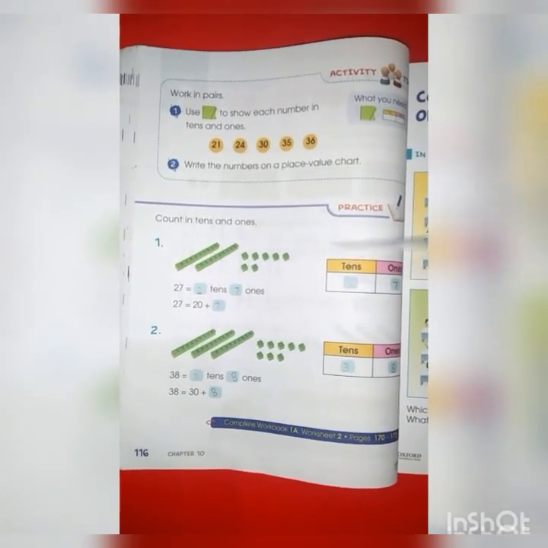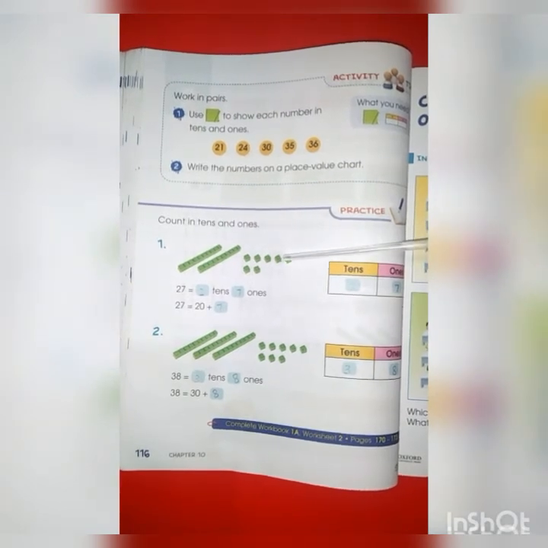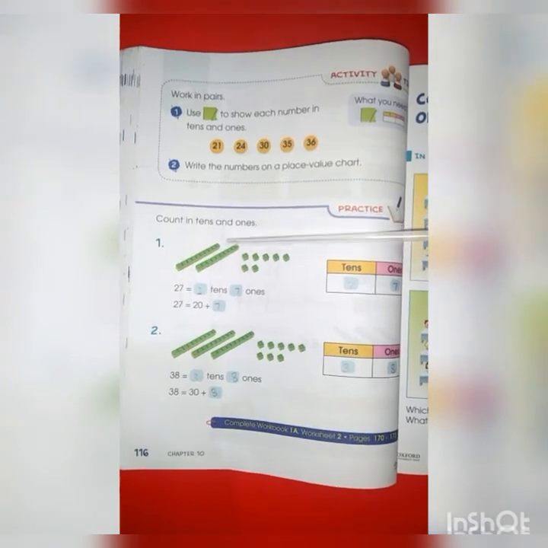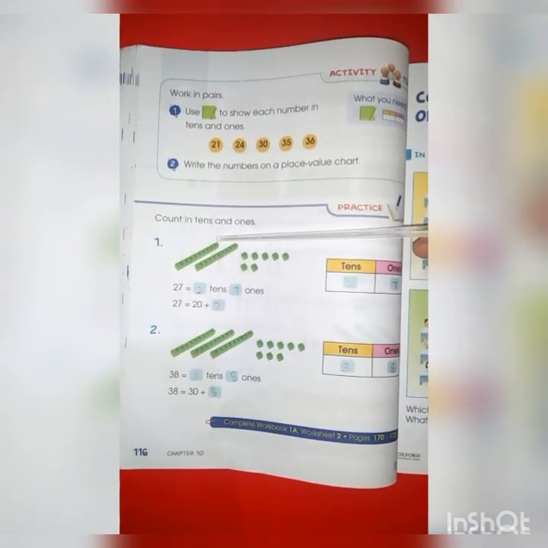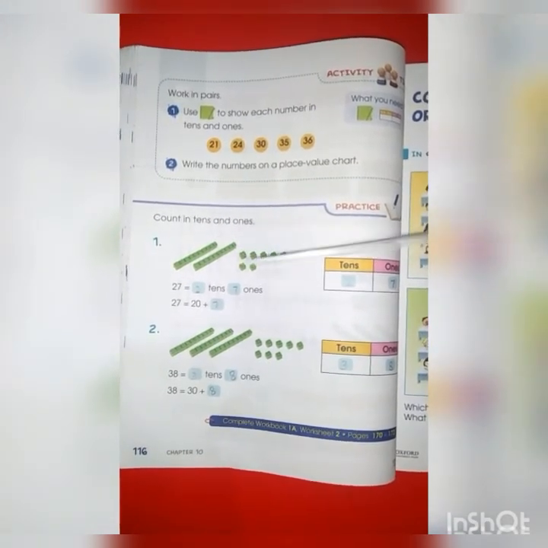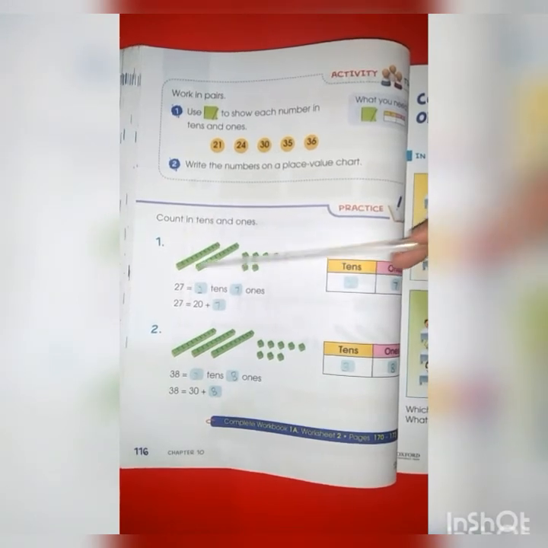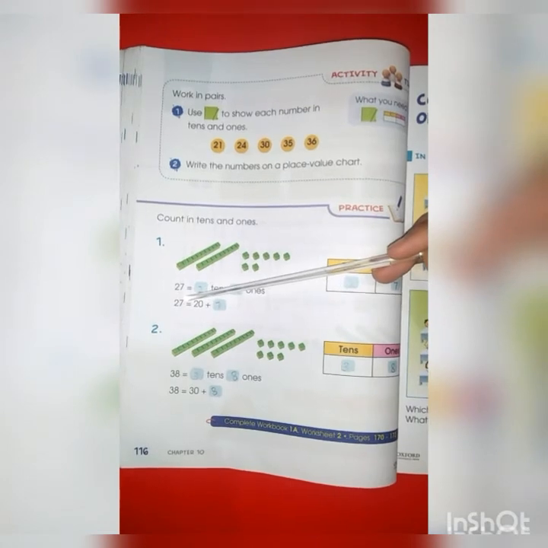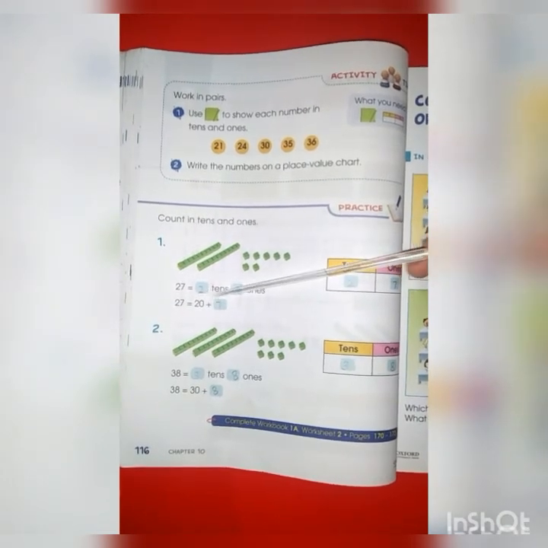Okay, now we will see the place value of these blocks. 7 is on ones place and 2 is on tens place. 27 is equal to 2 tens and 7 ones. 27 is equal to 20 plus 7.